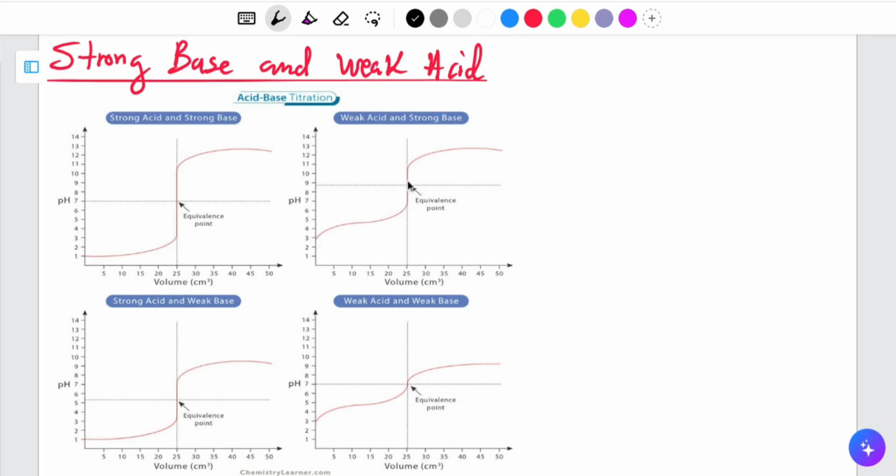Then what is the equivalent pH? The equivalent pH is somewhere around 9, or 8.9. So we can say 8.9 as the pH, and in terms of the volume, just the same, which is 25 mL. Then the end point is somewhere here, which is 11. So those are the differences that you need to know.